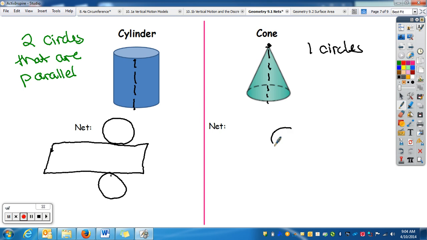So you would have the circle, which is your bottom, and the bottom, I think it looks like a person when I describe this. So it curves like here, because that'd be the curving part that would go all the way around, and then it juts in like this, and then that would fold up to be the point of the cone. So again, if you want to think about it, this is a person, a little dude.